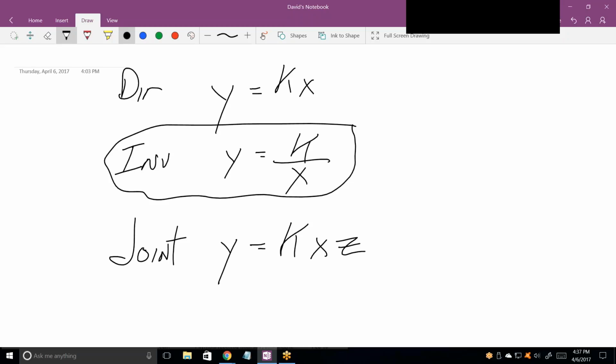The further the distance between two objects, the smaller the force. The closer the distance between two objects, the larger the force. So that's an example of an inverse. Probably not a great one, but I couldn't think of a different one. And joint, I don't know, we won't worry about that in terms of an example.